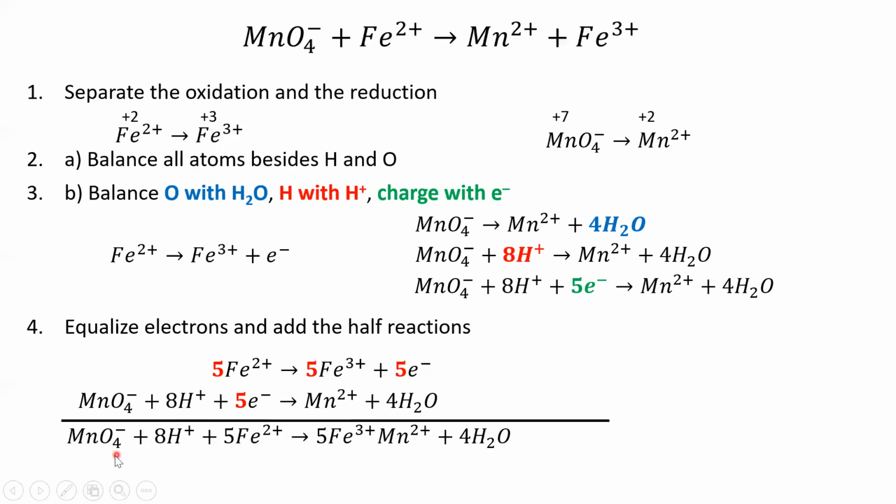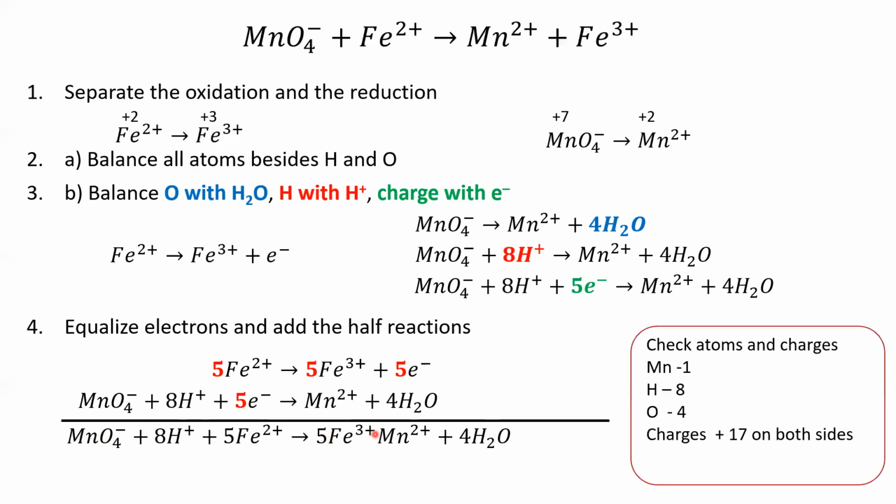Because when we write our overall balanced redox reaction, there shouldn't be any electrons in there. We're forcing the electrons to cancel out by multiplying by coefficients. And then we can go through and double check that our reaction is balanced. It needs to be balanced for atoms, and it needs to be balanced for charge. We've got 1 manganese here, 1 manganese here.